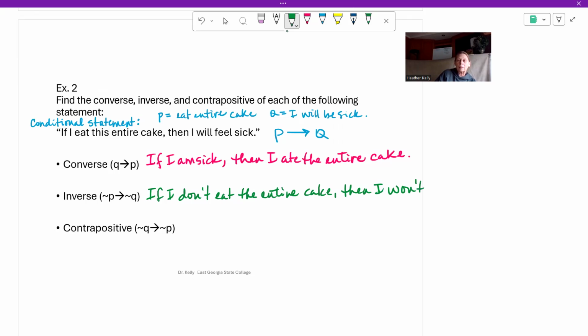Now, again, that is the same statement as the converse, but not the same as the conditional statement. And then finally, the contrapositive says, if I am not sick, then I did not eat the entire cake.